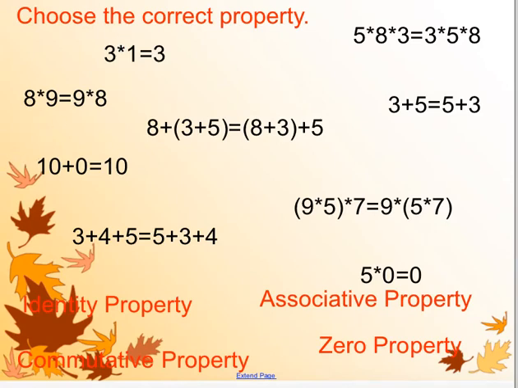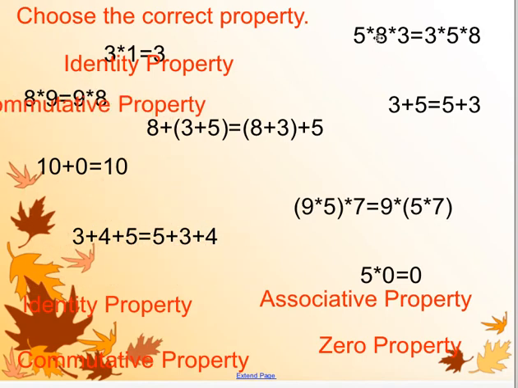This one up here, well, if we are taking a number, multiplying it by something, and we still get the original number, that's going to be an identity property. If we can switch the order, that's going to be commutative. If we can switch the order again, it's still going to be commutative.